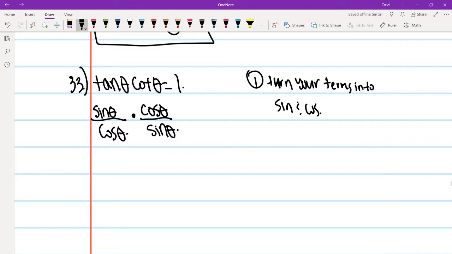So you would basically cross multiply, this cancels out, this cancels out, this cancels out, and this cancels out, and you're just left with 1. So basically it's just 1 times 1, which is 1, and you verified it.